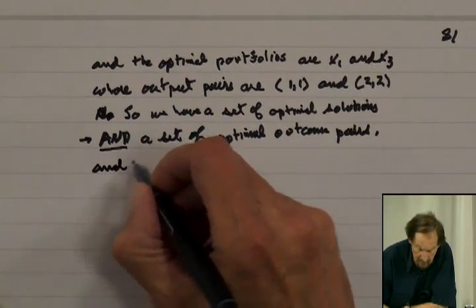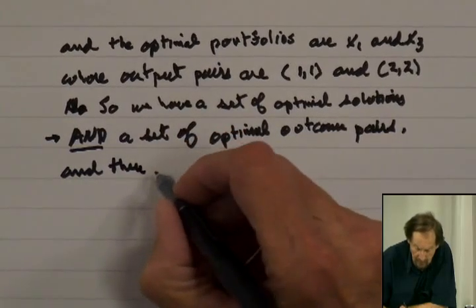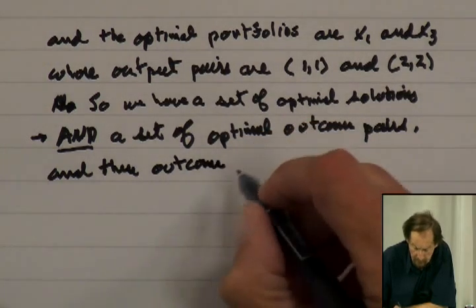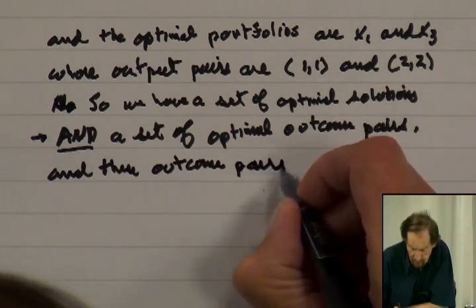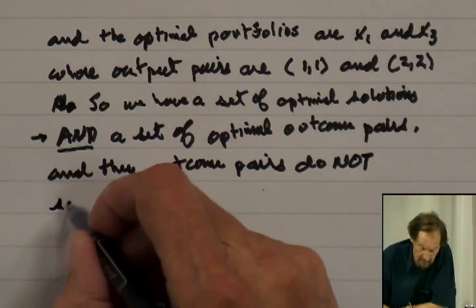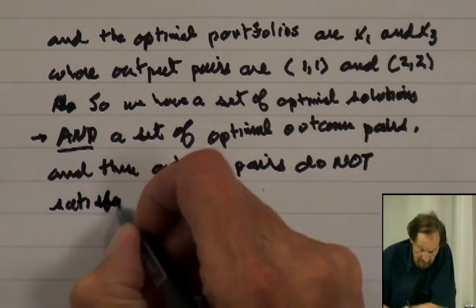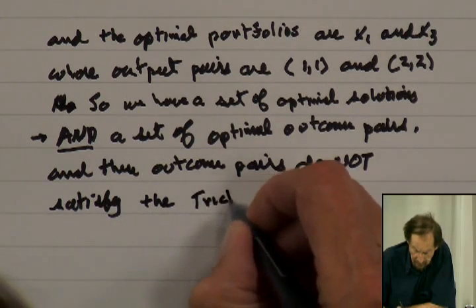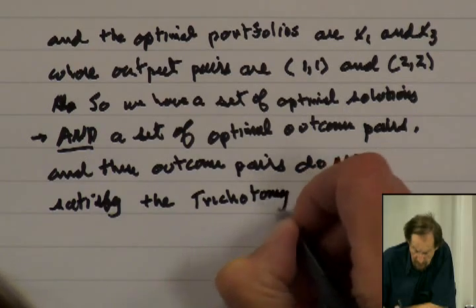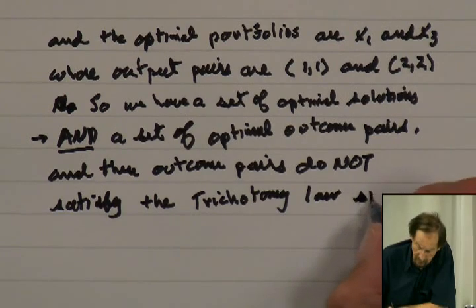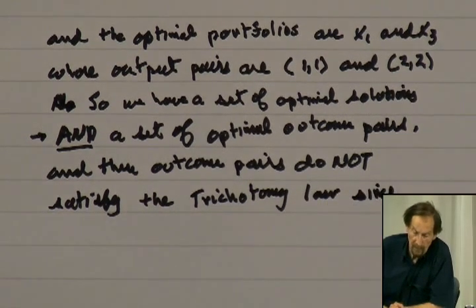And these outcome pairs do not satisfy the trichotomy law since, let's look, we have the 1, 1 and 2, 2.